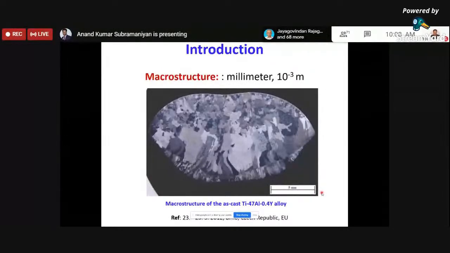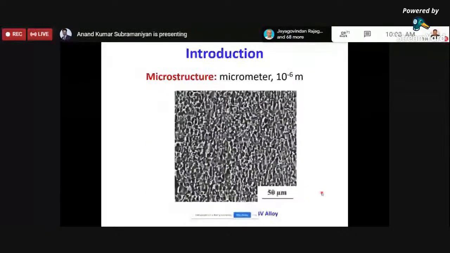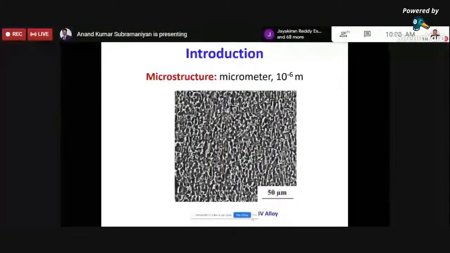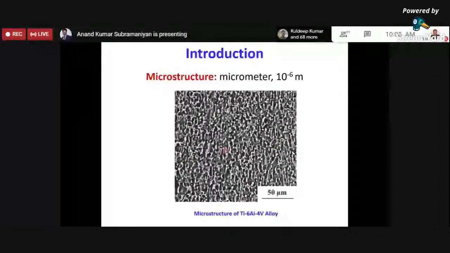And then in terms of microstructure, for example, this is again from a titanium alloy, which is an alpha plus beta phase combination, and such details one can get from this microstructure. You can see that the scale has now been reduced to a micron scale, and the features you can see would be of micrometer length scale.